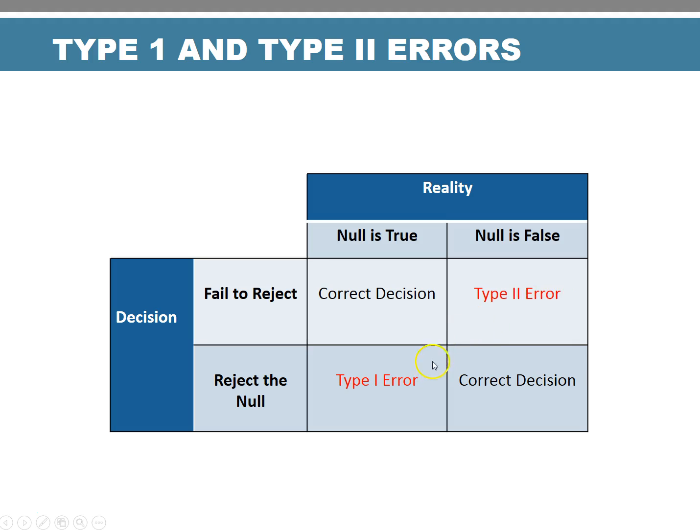So you can see how those are kind of opposite sides of the same coin. These are all possibilities within the same decision matrix. We have 4 possible outcomes, so we can't just minimize both of them at the same time. We have to balance it. And hopefully we're landing in one of these boxes, making a correct decision. But every time we run a statistical test and make a decision, there is a chance that we're committing a type 1 or type 2 error.